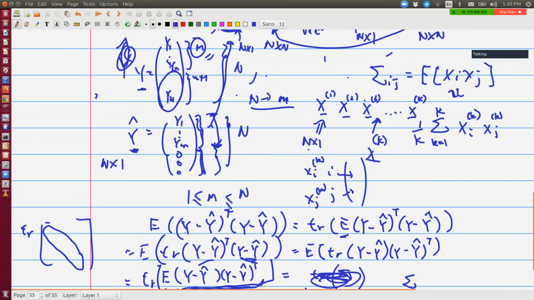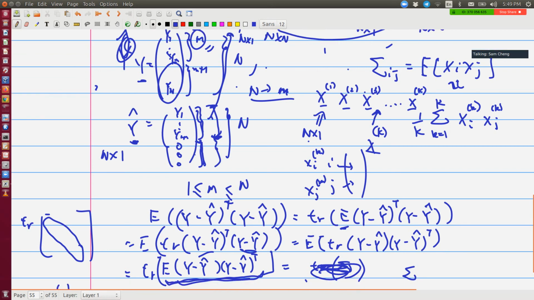Remember, y is the entire vector, and y hat is the vector with only some of the entries, the rest left out. So y minus y hat is this part here, the part left behind. Remember, they are all uncorrelated, right?